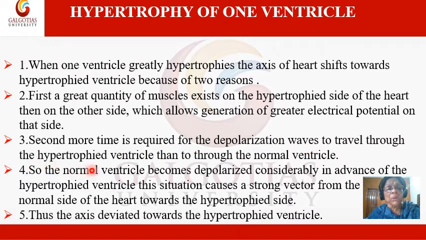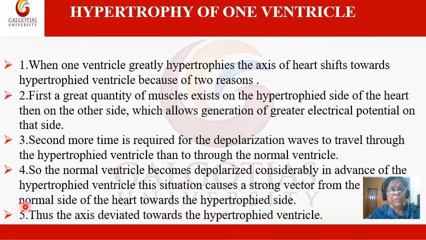So, the normal ventricle becomes depolarized considerably in advance of the hypertrophied ventricle. This situation causes a strong vector from the normal side of the heart towards the hypertrophied side.